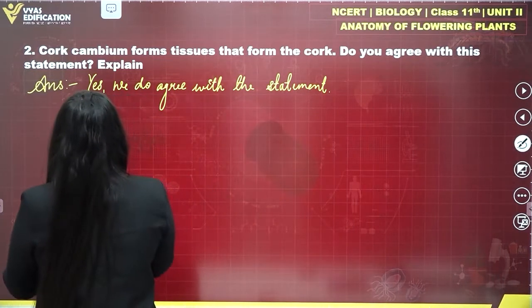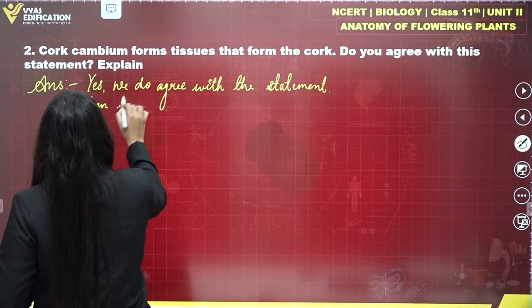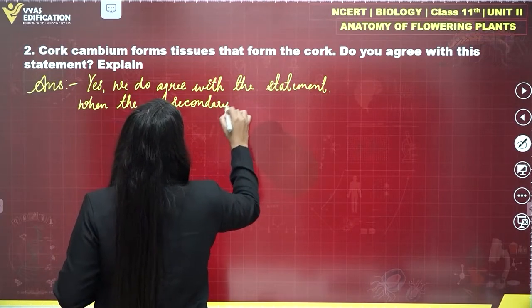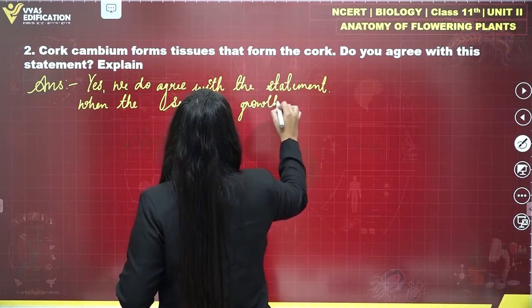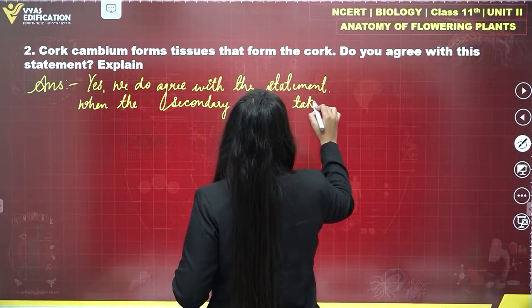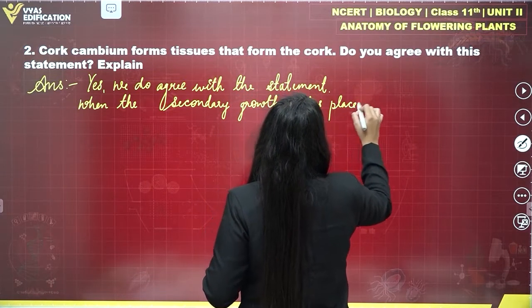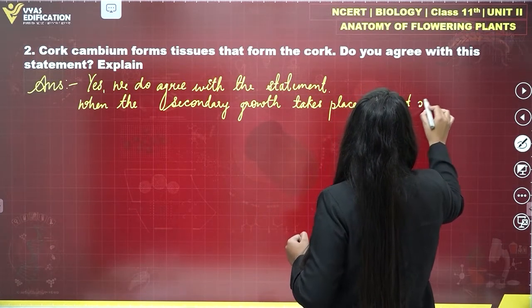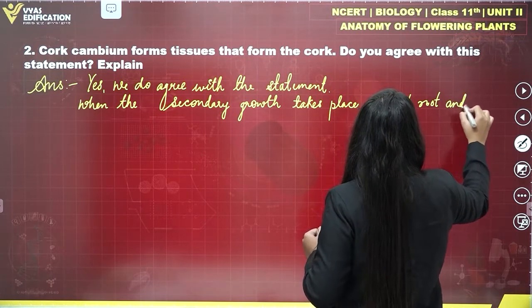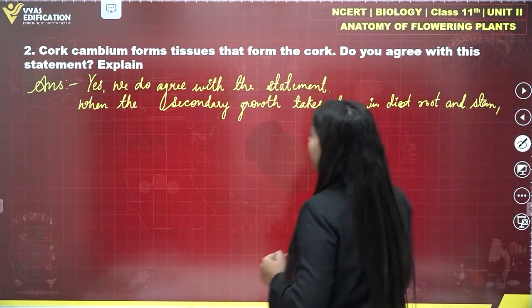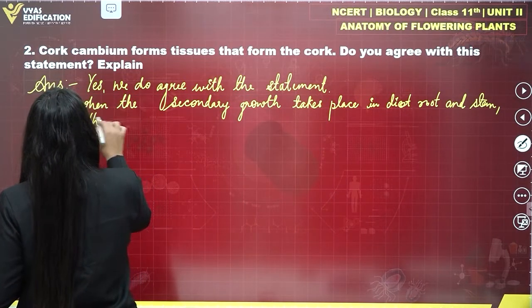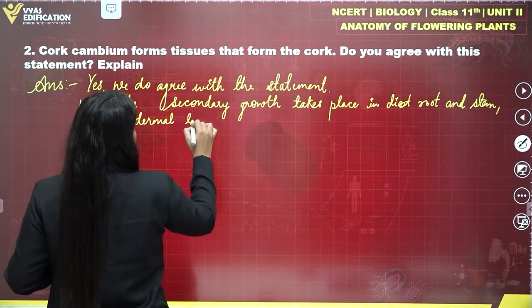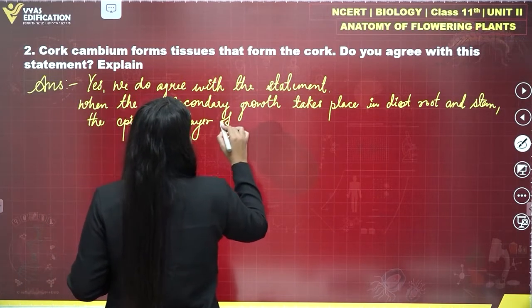So the answer will go like this: when the secondary growth takes place in dicot root and stems, the epidermal layer gets broken down.